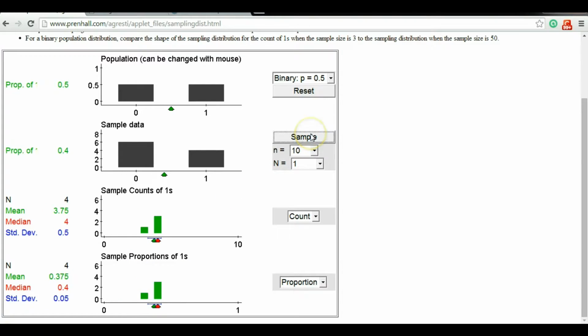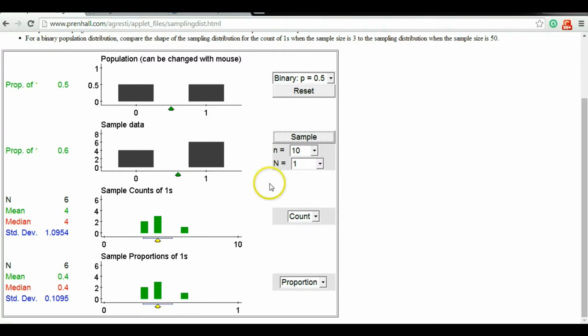And then we're going to do a 4th sample. And that one came out to 3, so this bar went up to 3, and this bar went up to 3. And I'm going to do a few more. We got 3 again and 0.3. That one's 60%. So in our sample there, 60% of the people liked Powerade, and we got 6 of the 10.